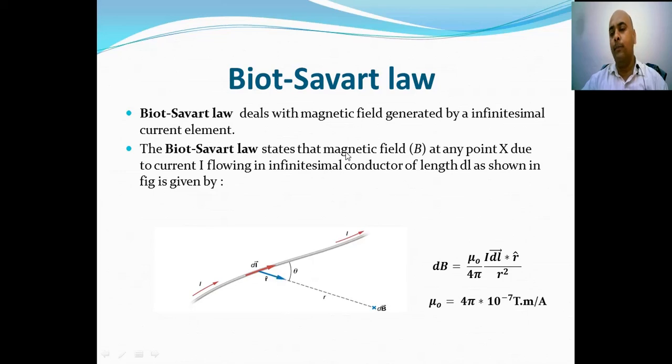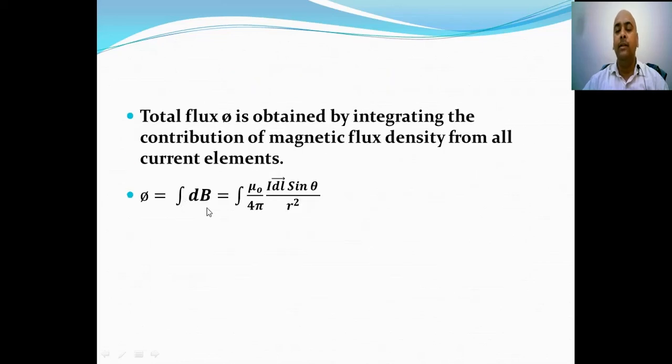Now the Biot-Savart law gives the magnetic field only due to a small current element, that is a conductor of very short length. However, we may have a conductor of finite length or infinite length. In order to calculate the magnetic field due to the whole conductor, we need to integrate the magnetic field due to the small element over the entire line.